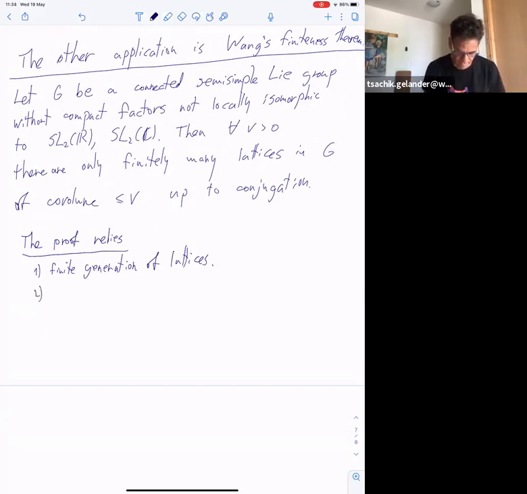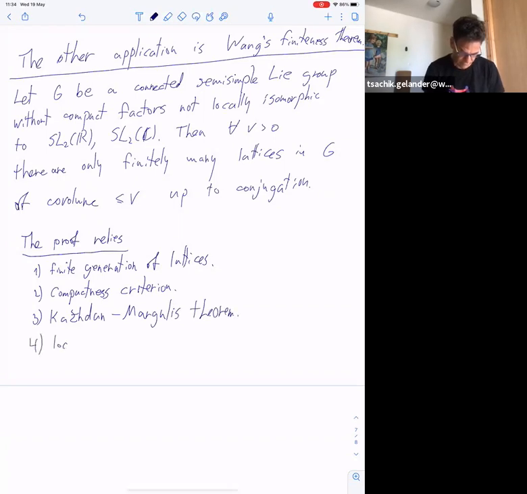Two, the Chabauty-Mahler compactness criterion. Three, the Kazhdan-Margulis theorem. And four, local rigidity.